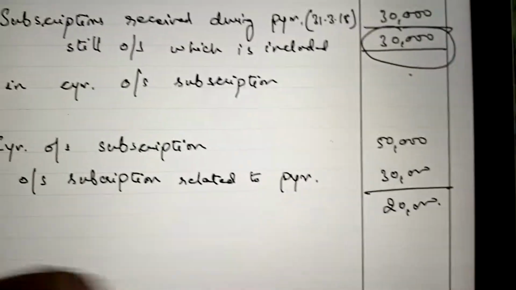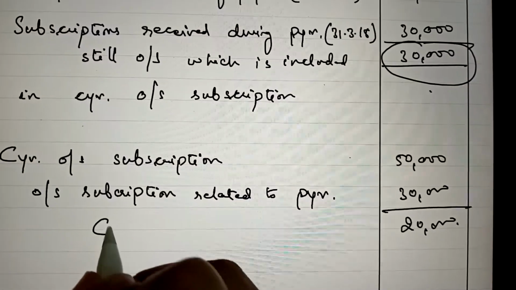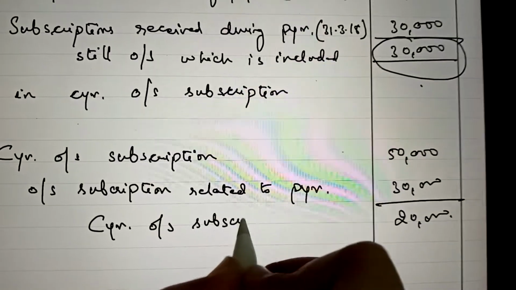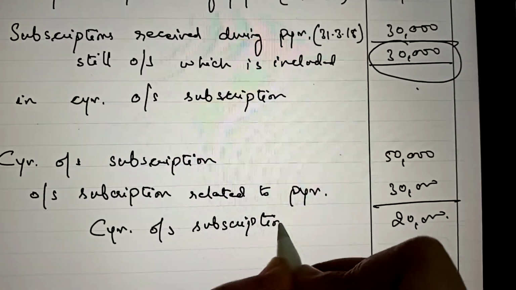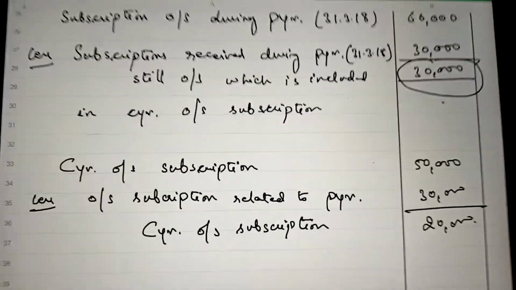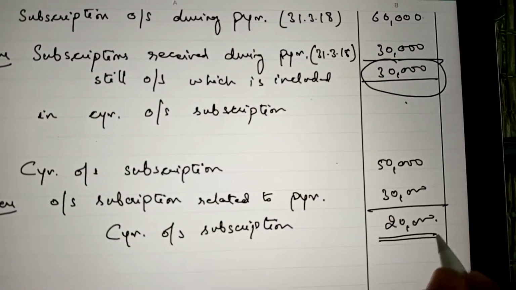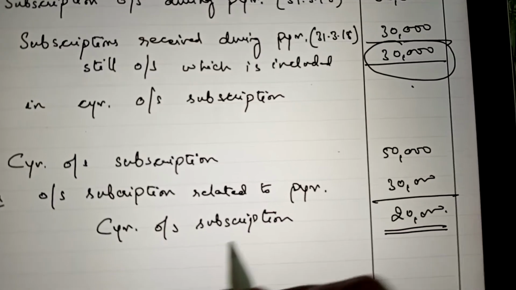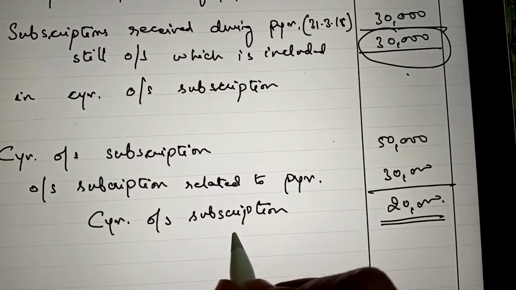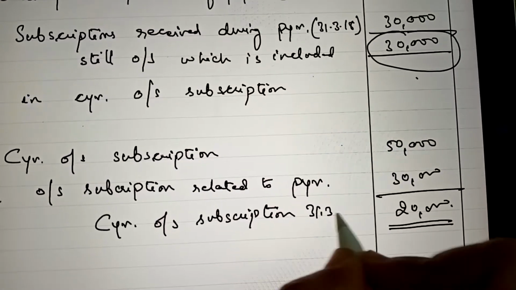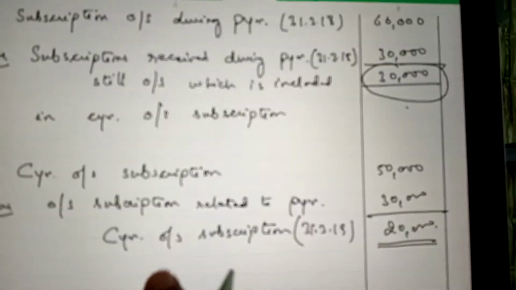So this year's current year's outstanding subscription, which we have to add, is 20,000 under the income and expenditure account, because it is the income of current year as on 31st March 2019.